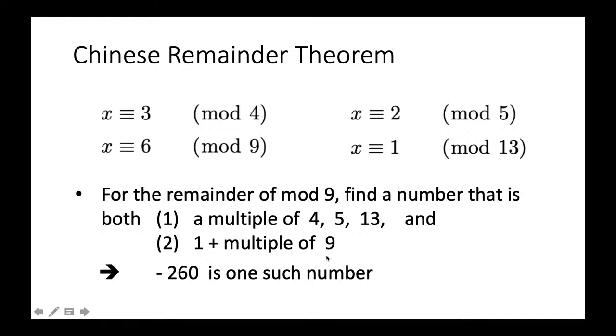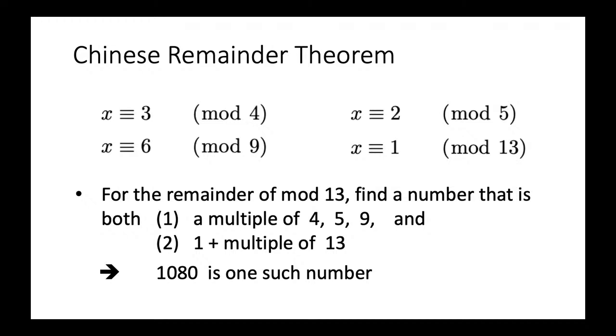Okay? And finally, for 13, we do the same thing. And then we find that 1080 is a multiple of 4, 5, and 9, and itself is 1 plus a multiple of 13.